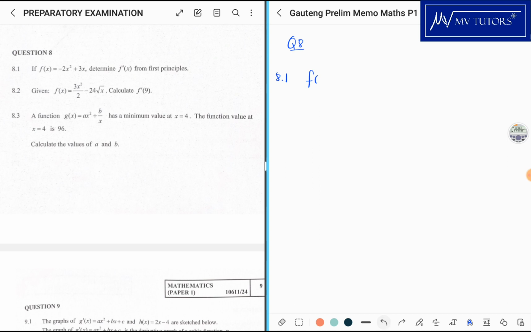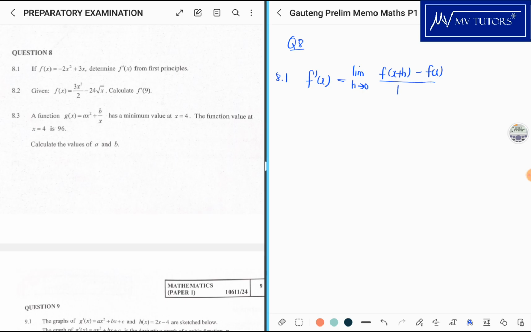In your formula sheet, you'll remember this formula where you have the limit as h tends to 0, not x, of f of x plus h minus f of x, all over h.